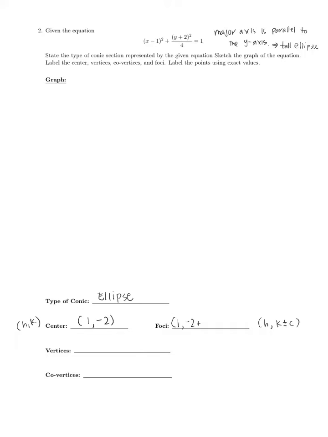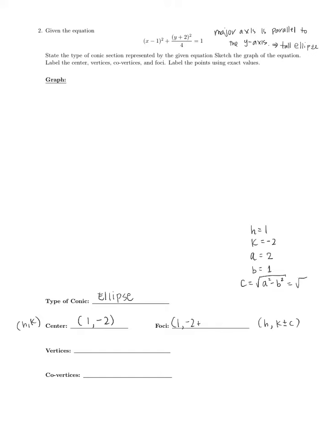Oh goodness, I need to find the value of c. Alright, so let's determine those values, a's and b's and c's. So right now we have h equals 1, k equals negative 2. Now a is the square root of 4, which is going to be 2. B is square root of 1, which is just going to be 1. And then our c, the formula for that is square root of a squared minus b squared.